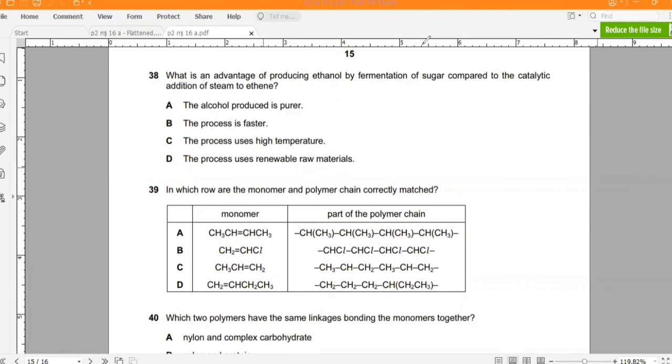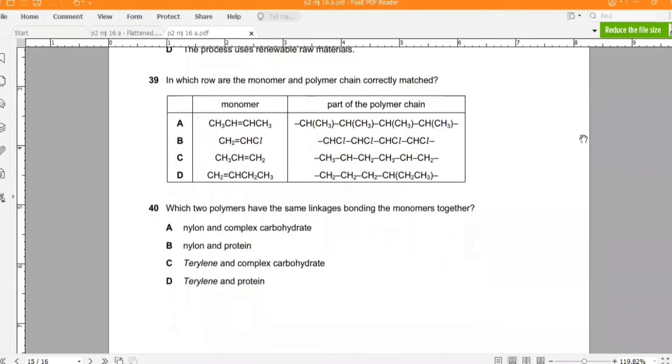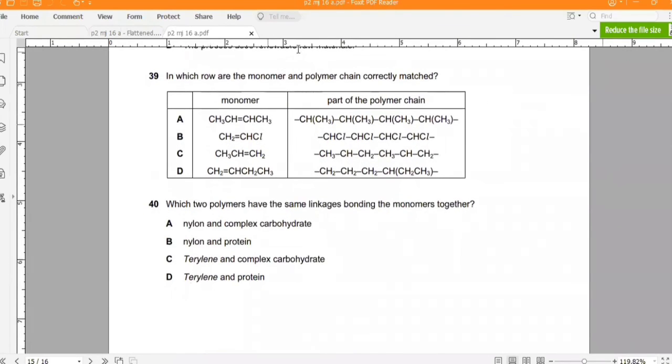Clear? So let me move on to the 39th, second last question. In which row are the monomer and the polymer chain correctly matched? Well, this question is to be solved in a very tricky way. Remember, these are the monomers. When you combine two or more monomers, we tend to get a polymer.